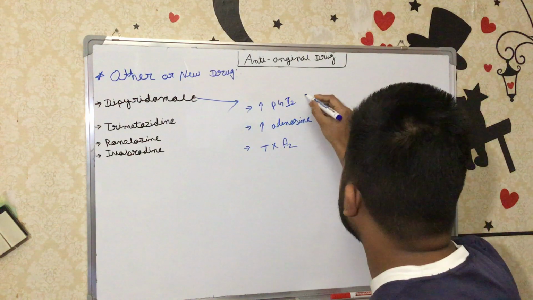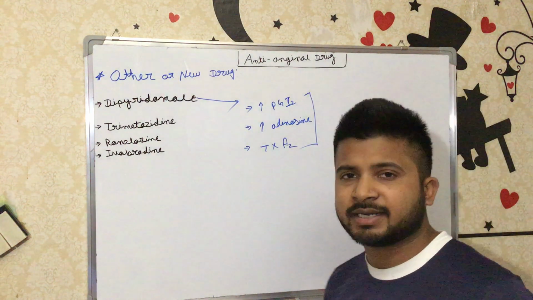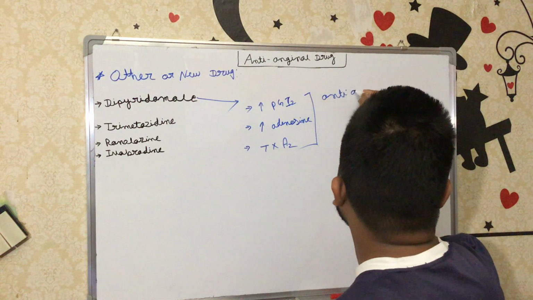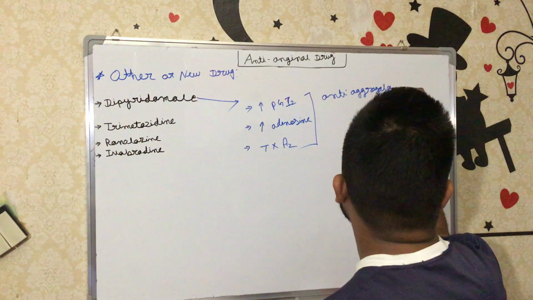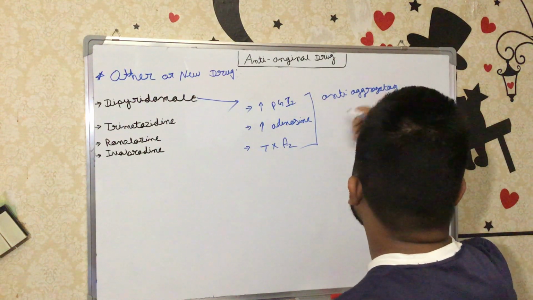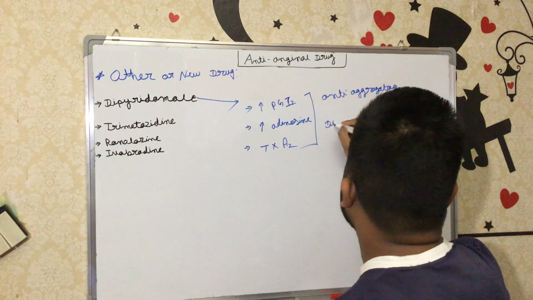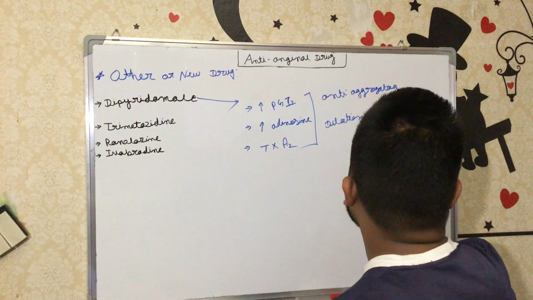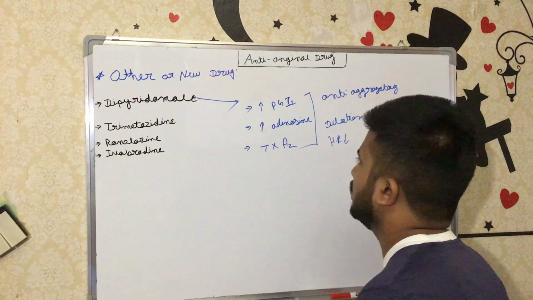So these three effects lead to an anti-aggregatory effect, and second, dilation of vessels, and the heart rate will also be decreased.